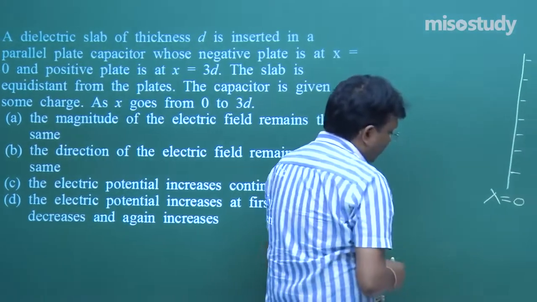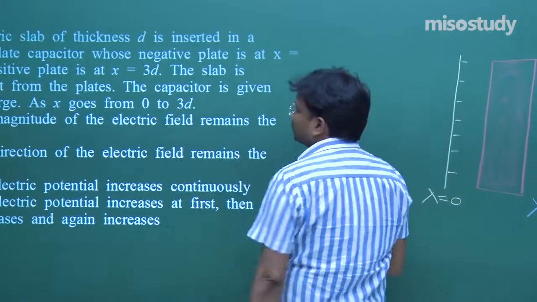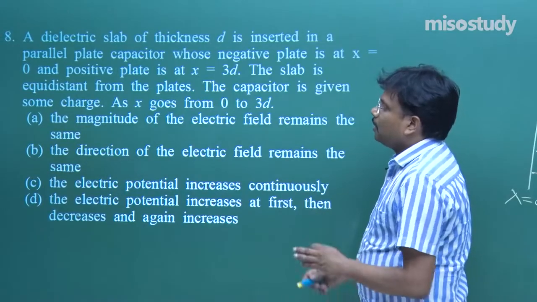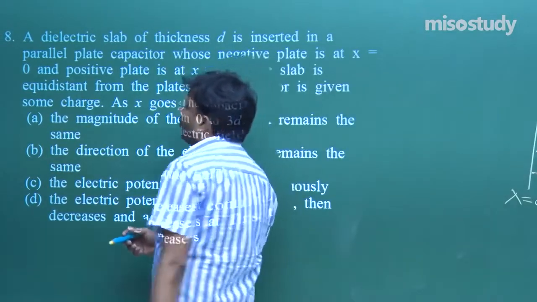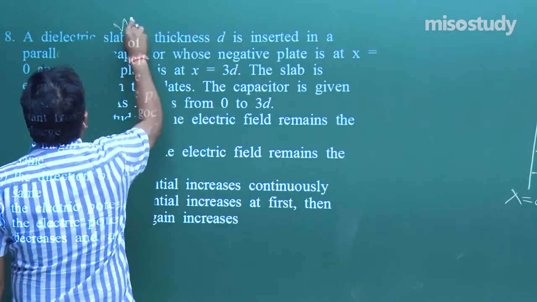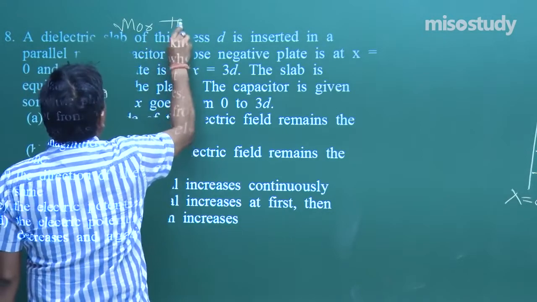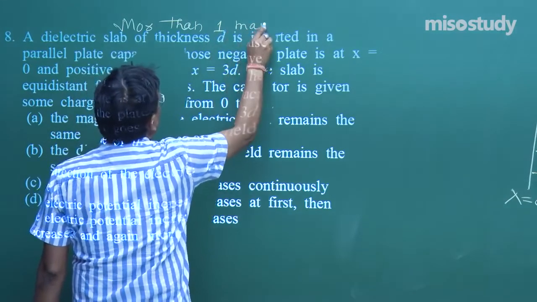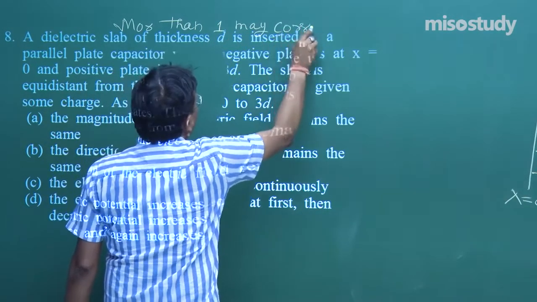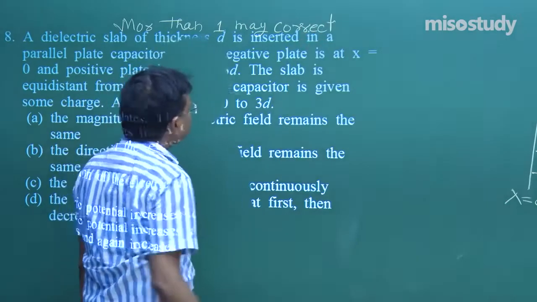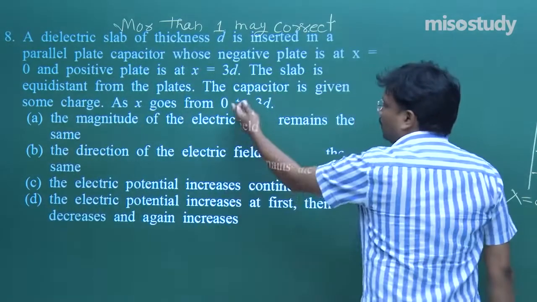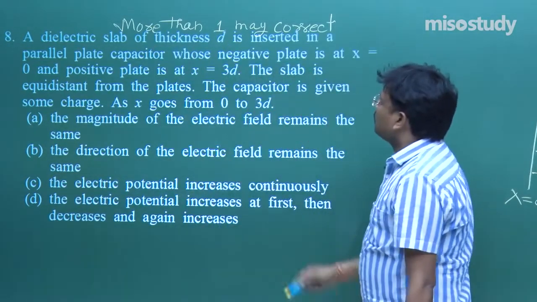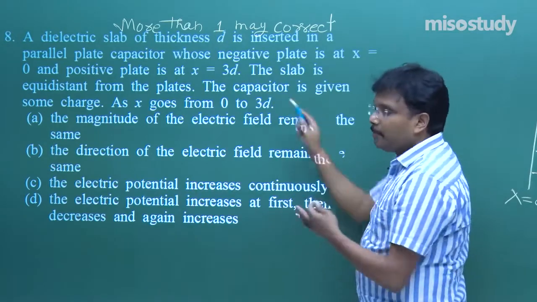Now, as the diagram is with me, I would like to mention one more thing: in this particular problem, more than one option may be correct. Meaning out of these 4 options, it is possible that more than one option is correct. So keep it in mind.